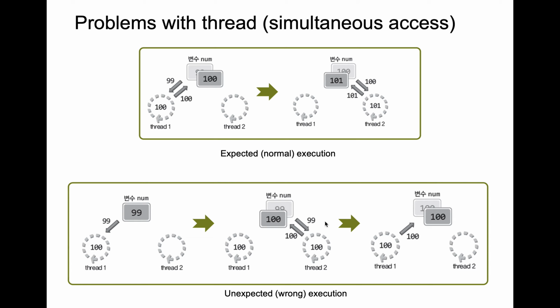And the first thread did not know that the value was updated, because it just read the value, updated the register, and then it's trying to store it back. So the expected execution will have a different value than the unexpected execution, which is a realistic case. So it's like expectation and reality. So this is an expectation and this is a reality. So this can be a reality.